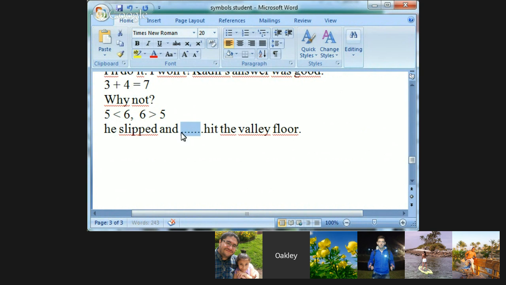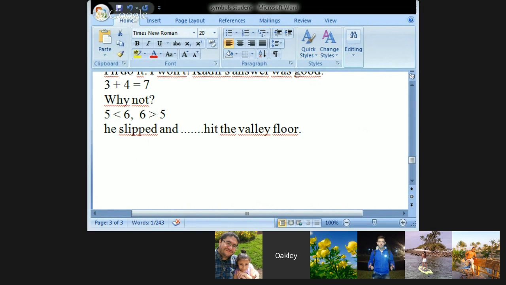Time is suspended. Not really, etc., etc. It's used to show that there's an amount of time before something happens. Yes. Or it's called ellipsis.